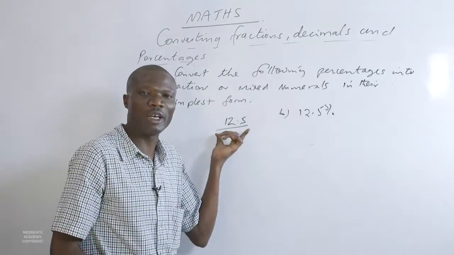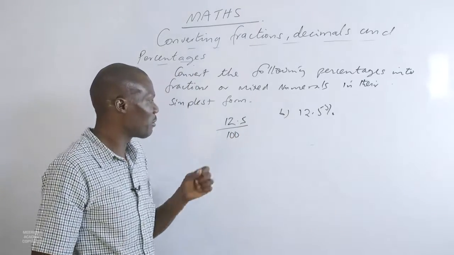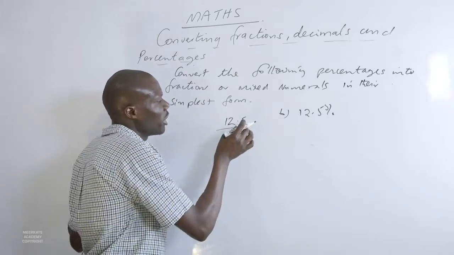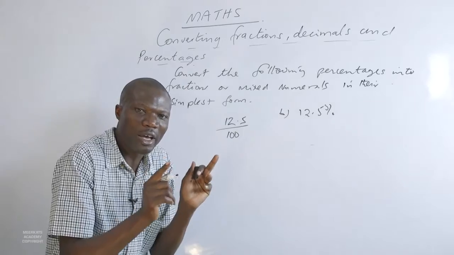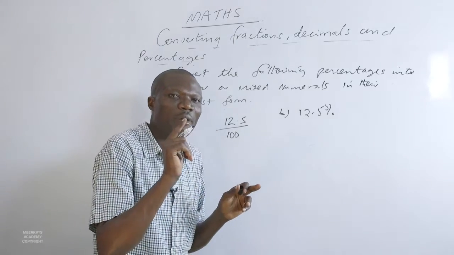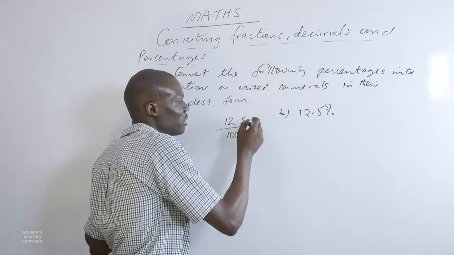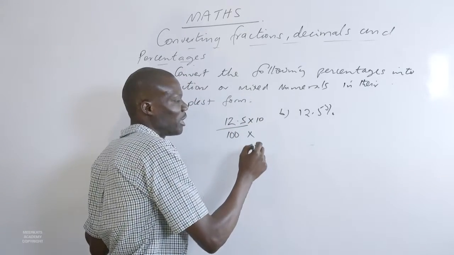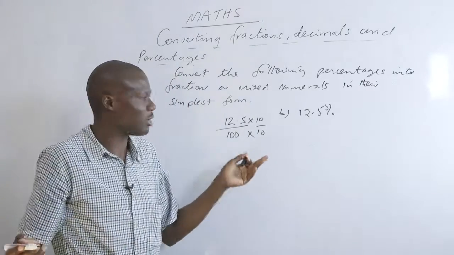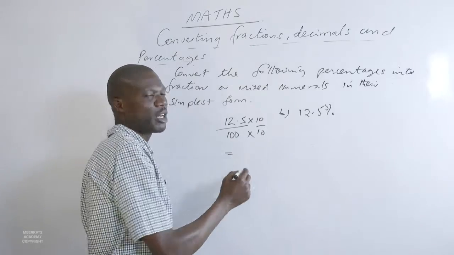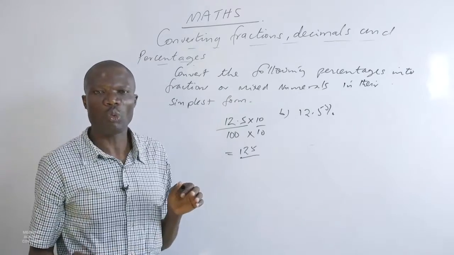We cannot remain having a decimal up there if we want to call this a fraction. Therefore, to remove this, because it is one decimal place, we multiply by a power of 10 that has got 1 zero, and that will just be 10. So multiply the numerator by 10, multiply the denominator also by 10. So I'm talking of 10 over 10, which is just 1, so nothing has changed. So this one becomes 125 over 1,000.